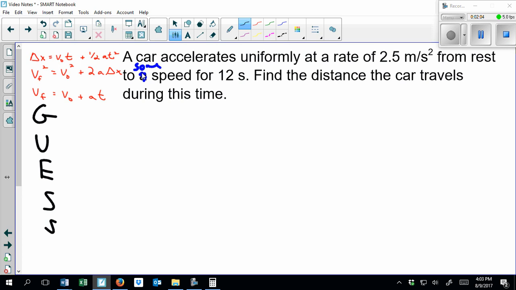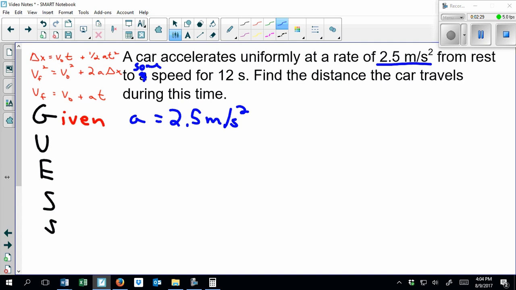So the first letter G stands for given. My first step here is to decide, all right, what information do I have? So I start by reading the problem. It says the car accelerates. Great, I know that it's accelerating. It tells me it accelerates at a rate of 2.5 meters per second squared. My acceleration is 2.5 meters per second squared.